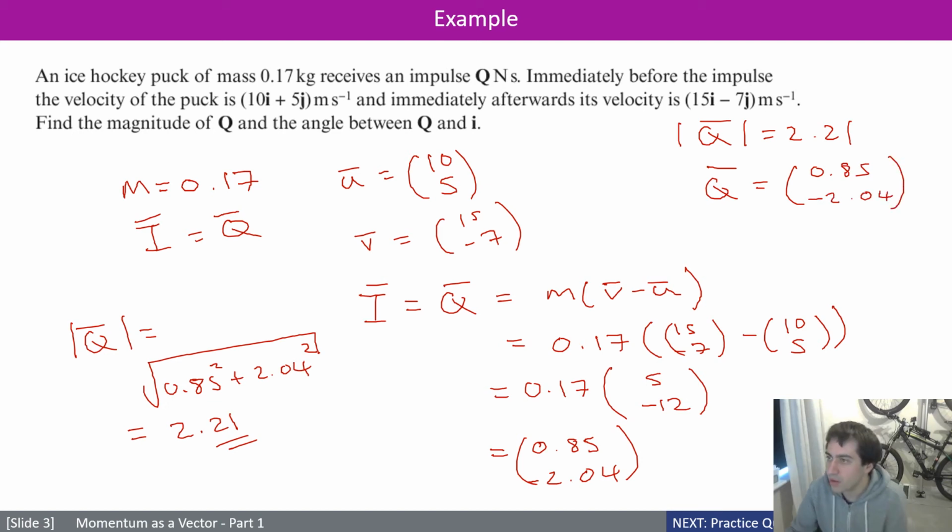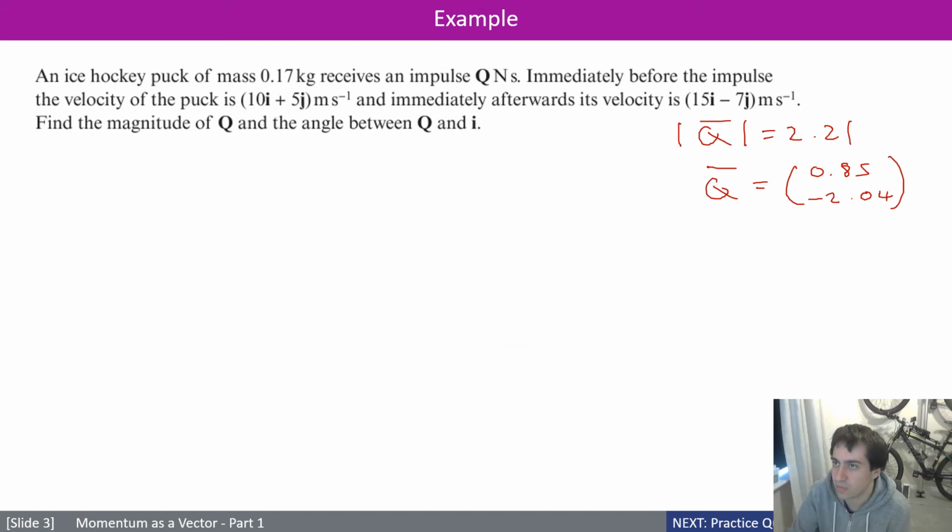So what is the angle between q and I? Let's just make sure we draw the diagram so we don't confuse ourselves. So I, remember, is a unit vector going in this direction along the x-axis.